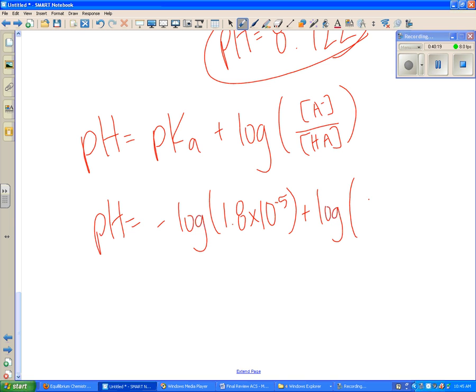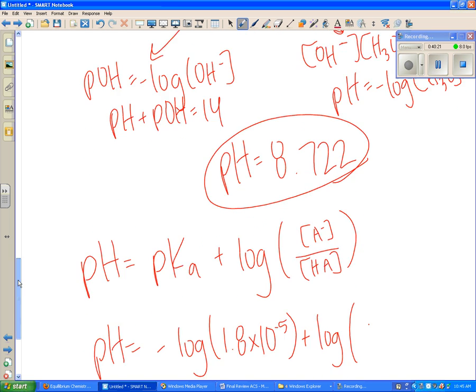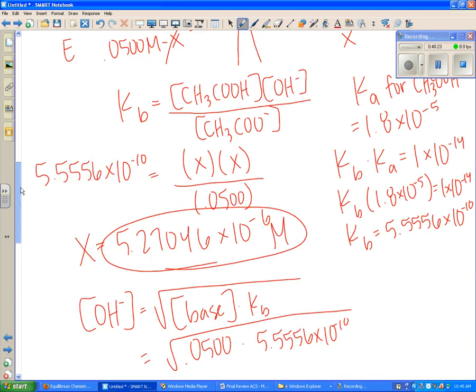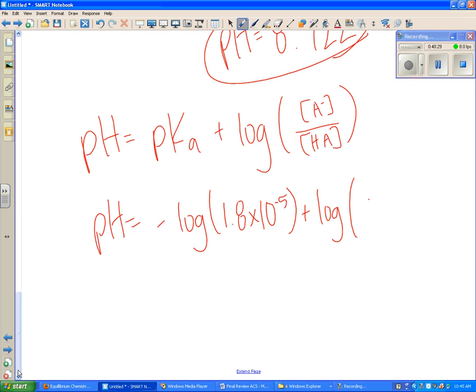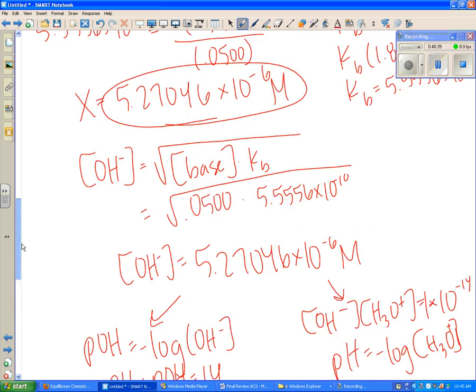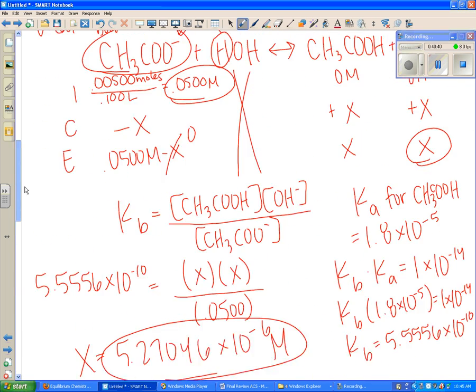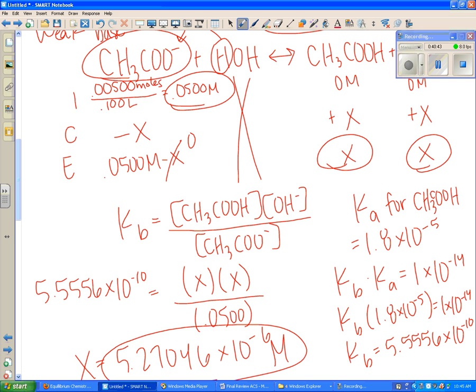which we determined to be the negative ion concentration that was formed. We determined that to be 0.0500 molar, divided by the concentration of the acid produced on that, which is X. So you would still have to use this equation to find what X is.